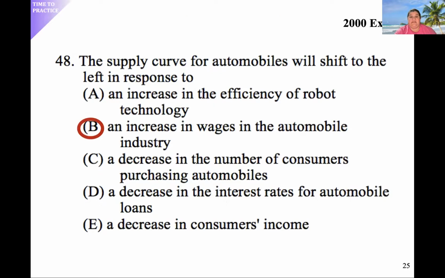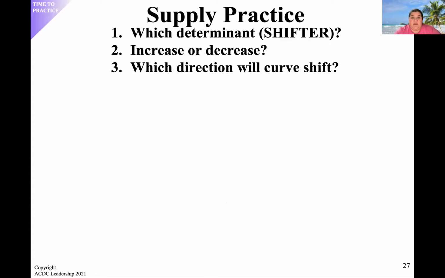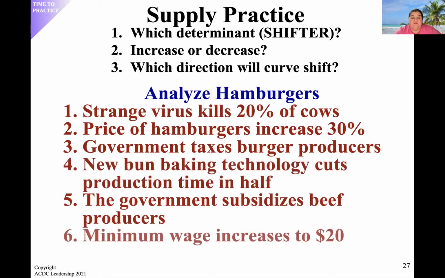Okay, let's get to the practice homework I gave you. Instead of what they did, I drew the curve for you. I want you to practice shifting the curve. I gave you each of these fictional scenarios, and what I would like you to do is, number one, determine what the shifter is.